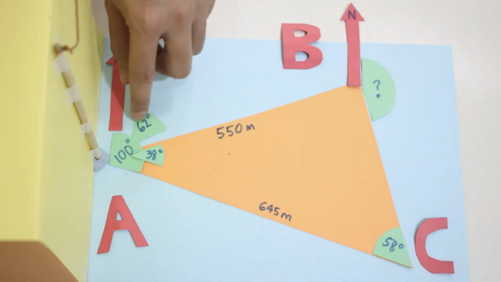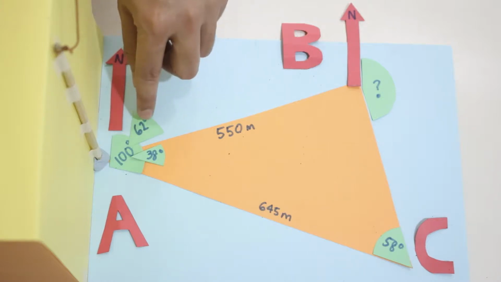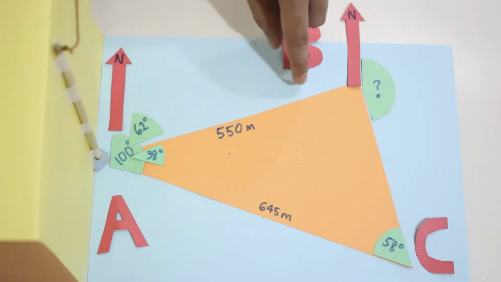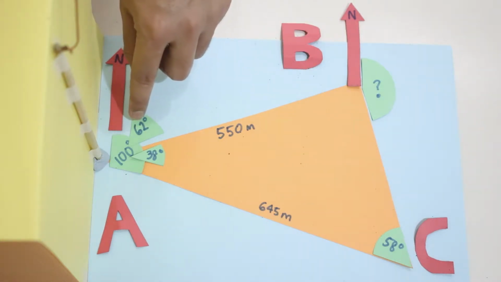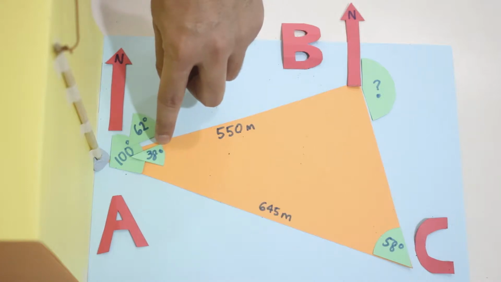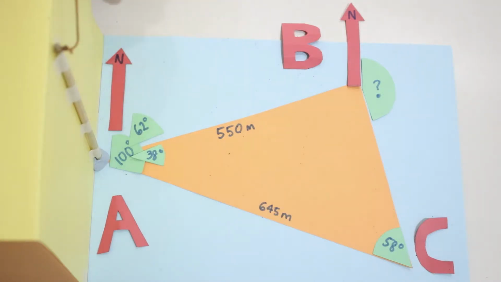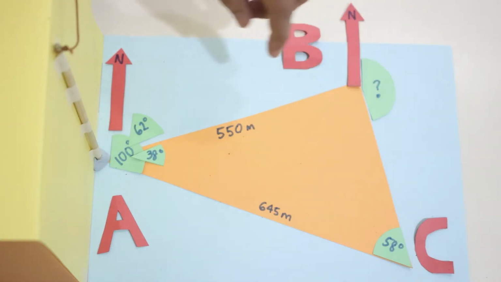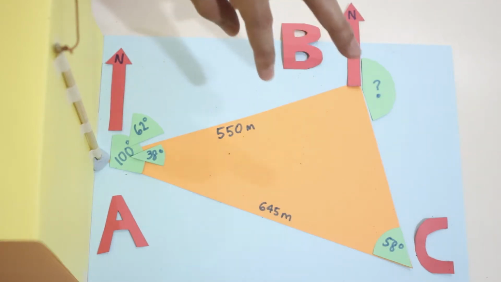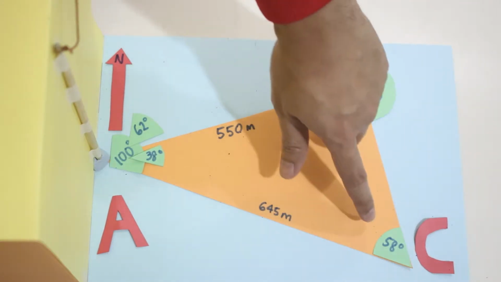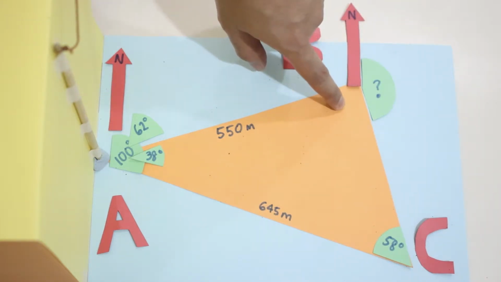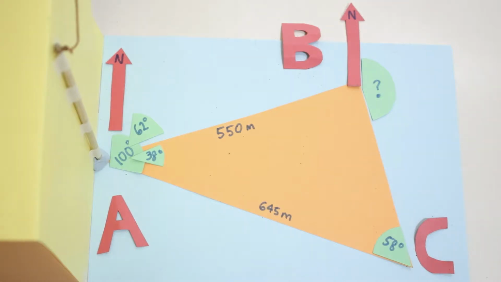The top angle here is 62 degrees because that is the bearing of B from A, and the remaining angle is 38 degrees. That gives a total angle of 100 degrees. So if you look at the triangle ABC, we already know two of the angles, 38 degrees and 58 degrees. Therefore, we can find the angle B here, which is 84 degrees.